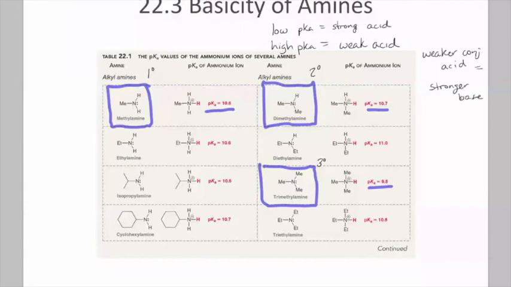So comparing all these, if I'm looking for the strongest base, I'm looking for the weakest conjugate acid. So then I'm looking for the highest pKa. The strongest base would then actually be the secondary amine here. And the weakest one would be the tertiary amine.